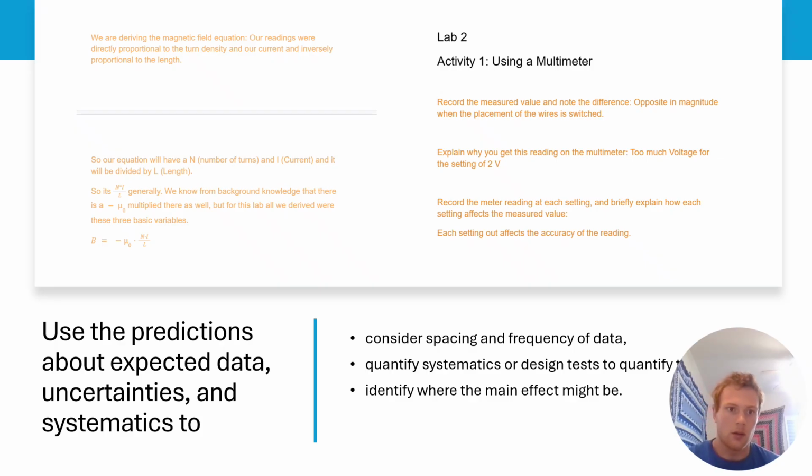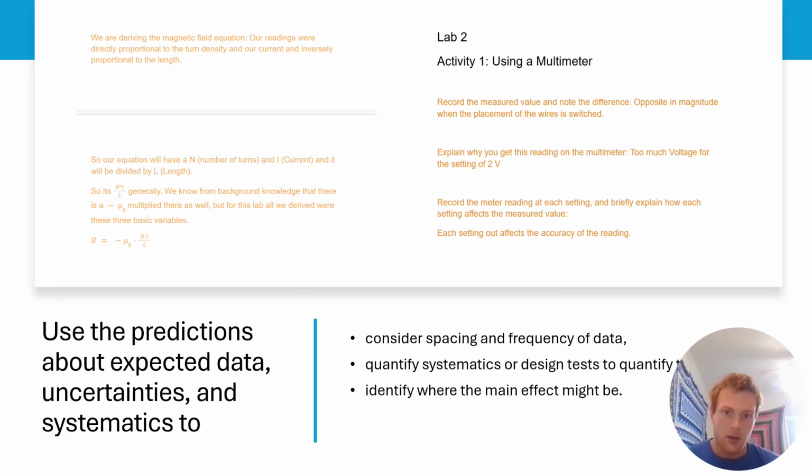And then on the left, it was a magnetic field lab, and this was at the end, and I was reflecting on it, but I considered where the main effect might be and what we're trying to show, and using prior knowledge, using the formula, I identified, well, there's three basic variables, and this is where the main effect might be. That's exactly what we were doing in that lab, holding things constant, changing the other things.